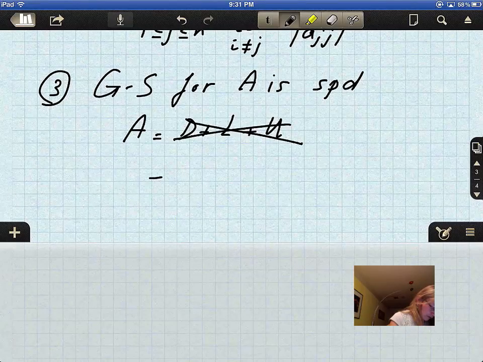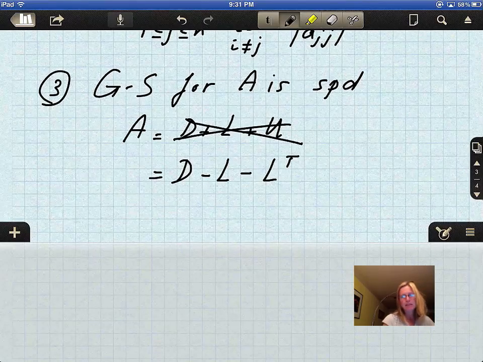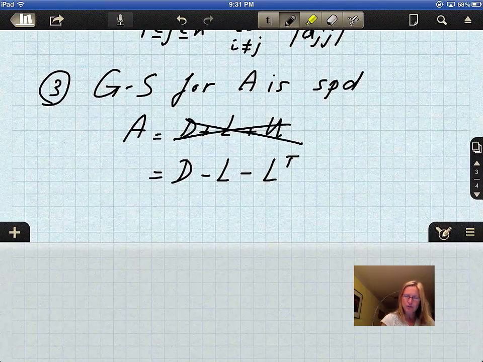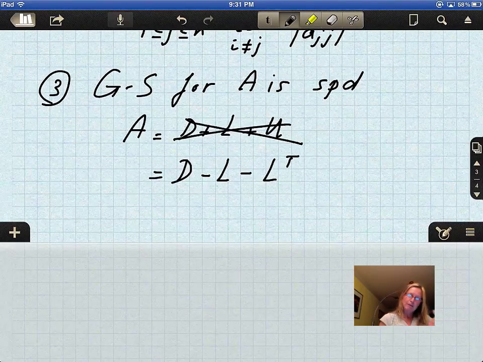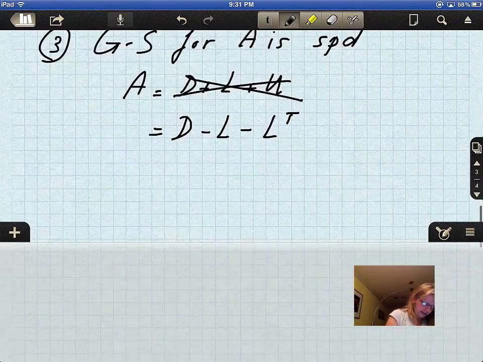I'm actually going to write this as D minus L transpose. You just note, sometimes they write these splittings as D plus L plus U, and then N has a negative L plus U. In this case, we just take the negative of it directly, D minus L transpose here, because A is symmetric, so the lower and upper triangular parts are the same.